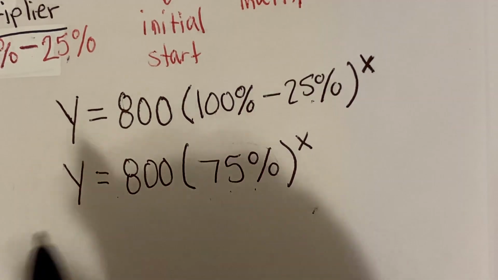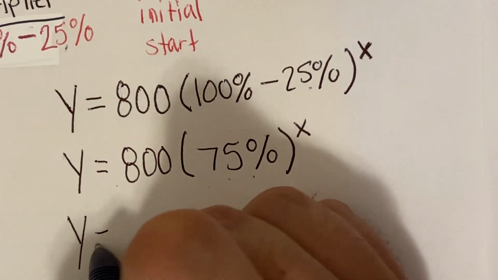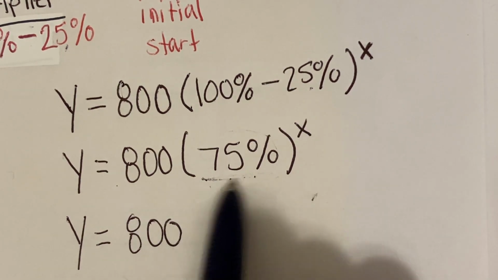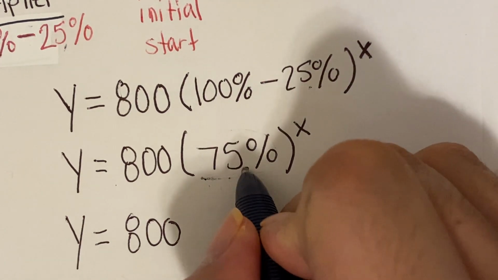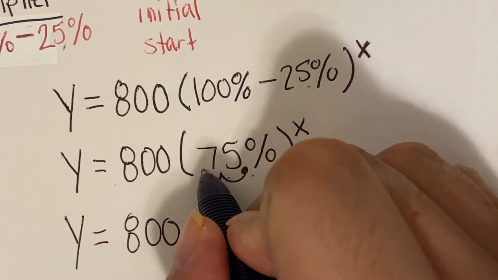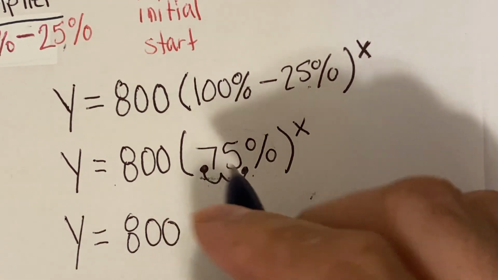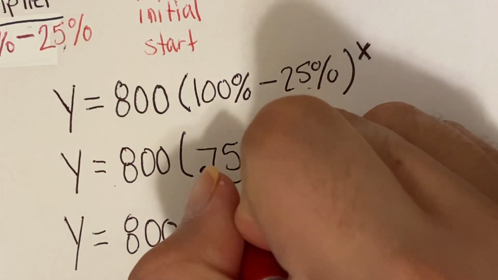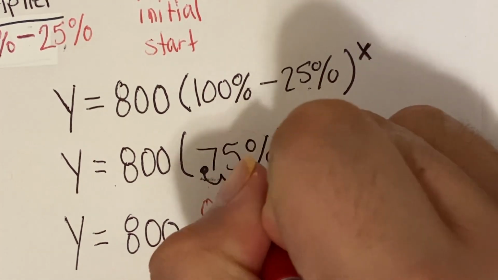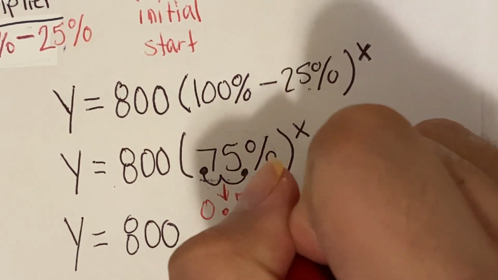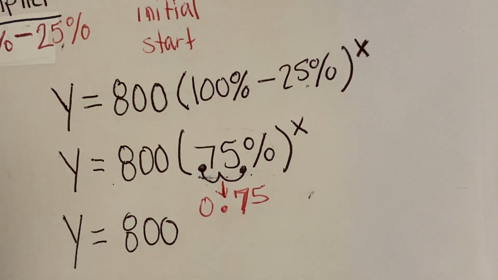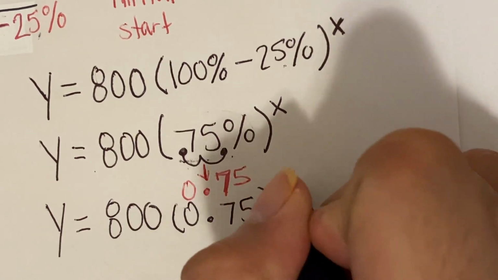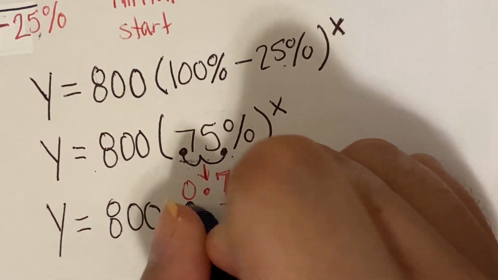So we're going to go ahead and finish this off. Remember that we do not like this to be in percent, so we add a decimal and we move it over twice, and then we write the new decimal. So 75% becomes 0.75, as an actual number. So then our multiplier is going to be 0.75 to the power of x.